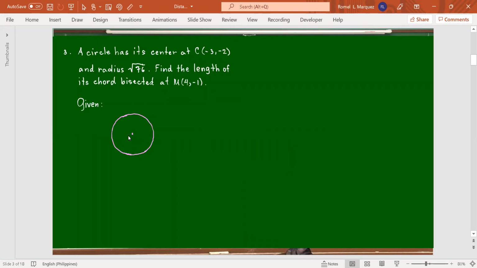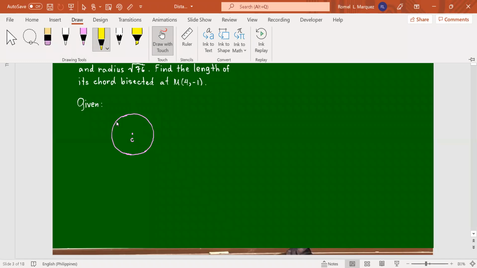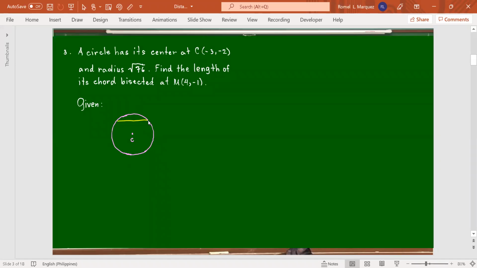That is our C. And then let us have a chord. So let's say the chord is somewhere here. This is just an illustration, guys. And it is bisected at this point here.